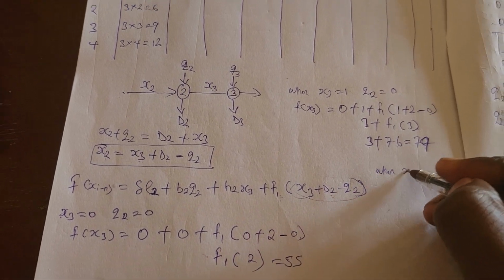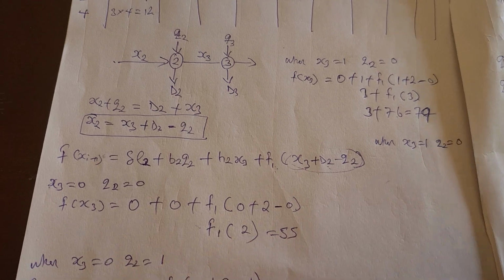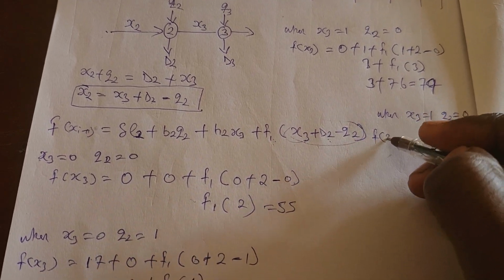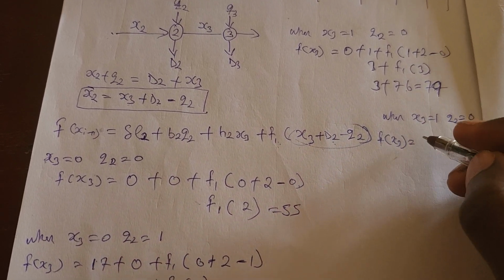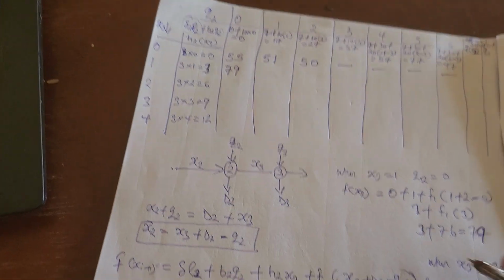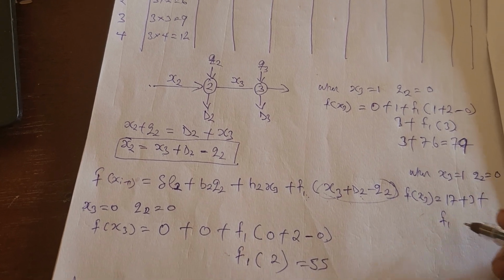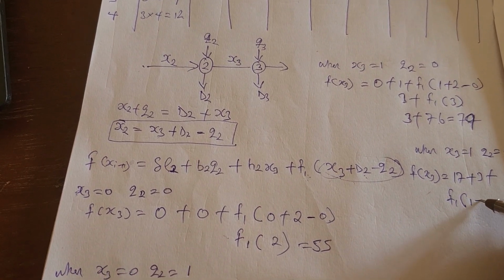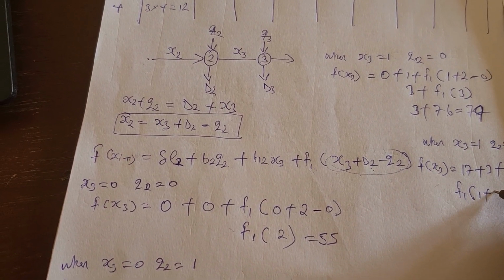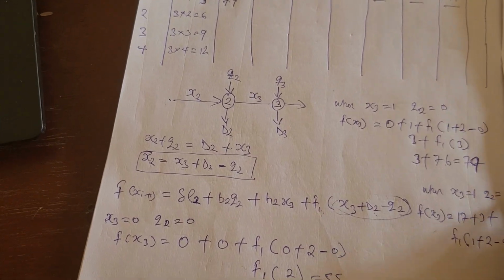When X3 is equal to 1, Q2 is equal to 0, f of X3 is equal to our purchase and setup cost at that point, which is 17, plus our holding cost, which is 3, plus F1 of 1 plus 2 minus what? My Q is 1 at that point.